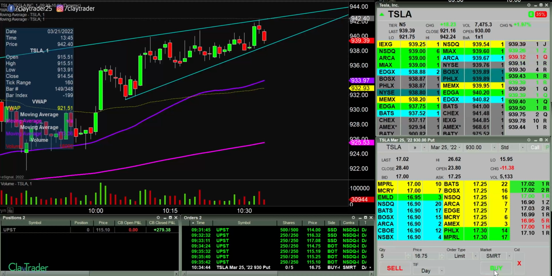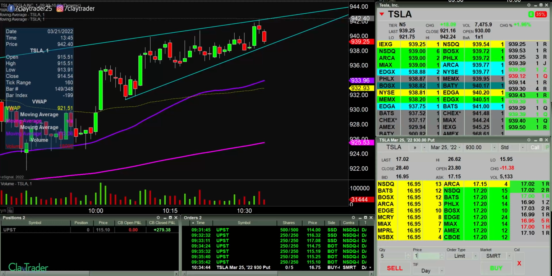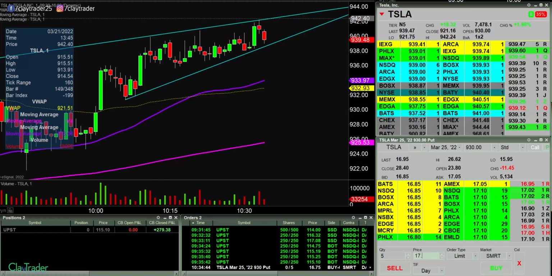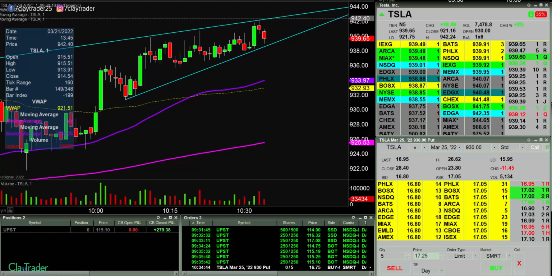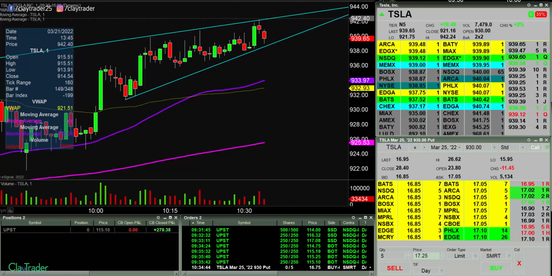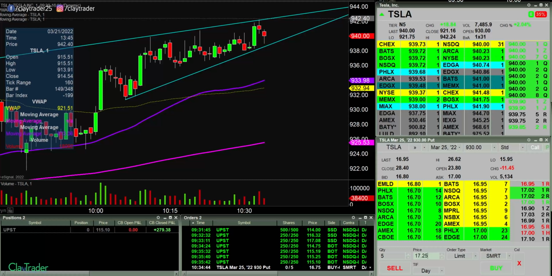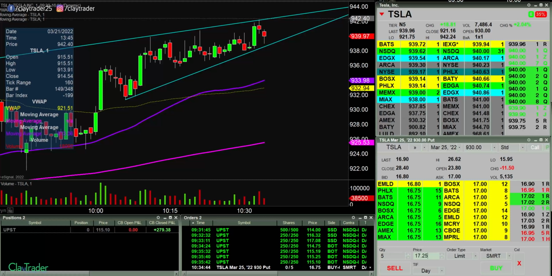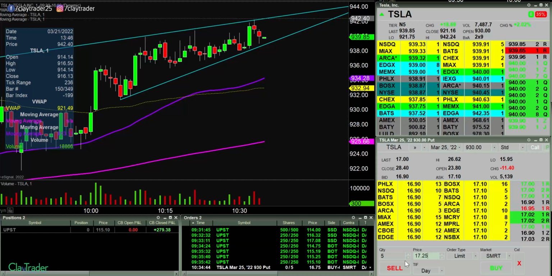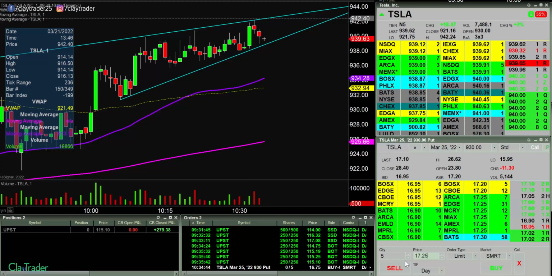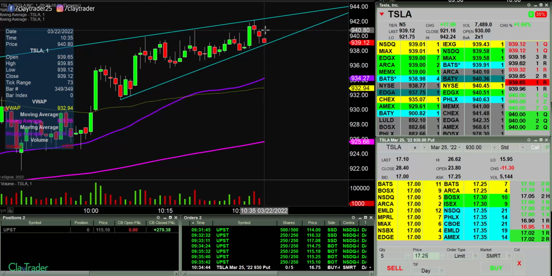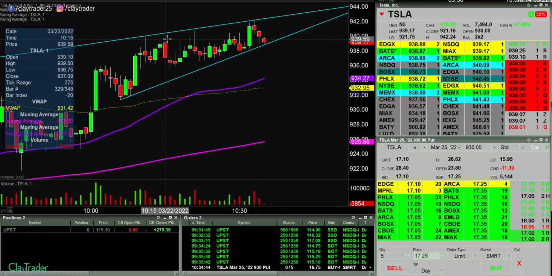So let me see if I can get something at 1675. So I need it to come up a little bit. Like I said, need to see it come up. If it breaks down without me, then I'm going to miss it.